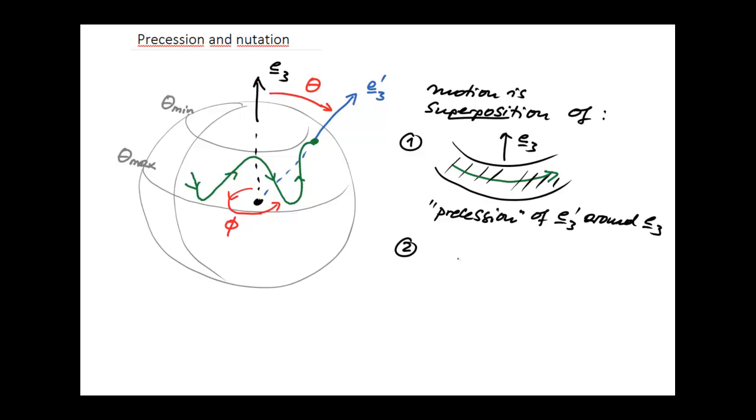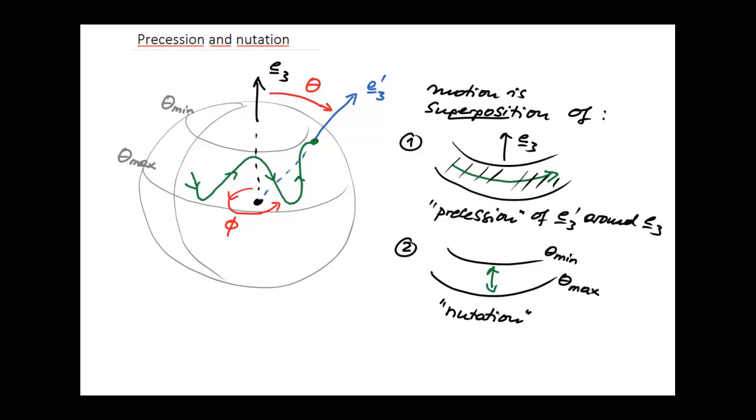And the second type of motion is the nutation that's going back and forth between theta min and theta max. That's the nutation. The green trajectory is a combination of precession, which is the motion around the E3 axis, and nutation, which is this wobbling back and forth between theta min and theta max.